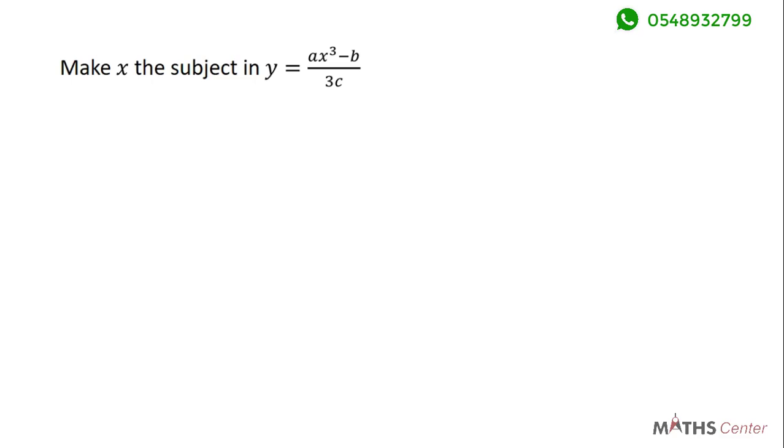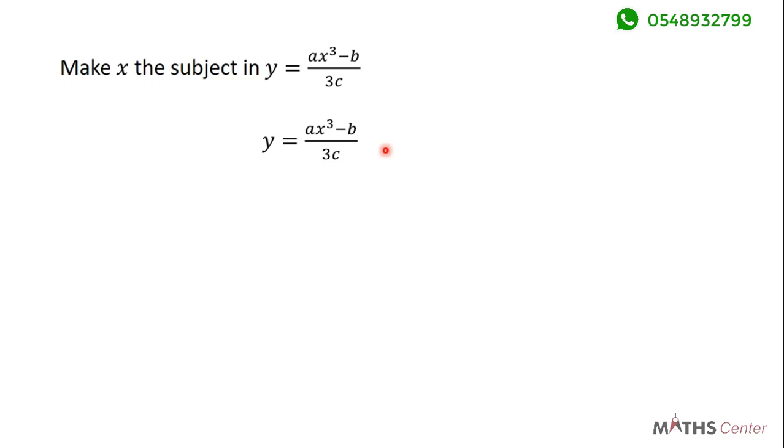Make x the subject in y is equal to ax exponent 3 minus b divided by 3c. So how do we make x the subject in this equation? The equation once again is y is equal to ax exponent 3 minus b divided by 3c. This equation involves a fraction. So what do we do?